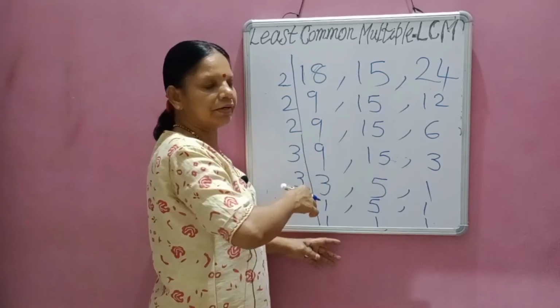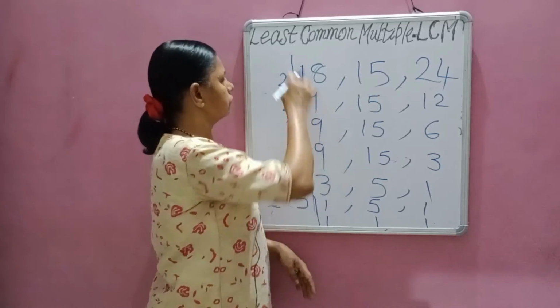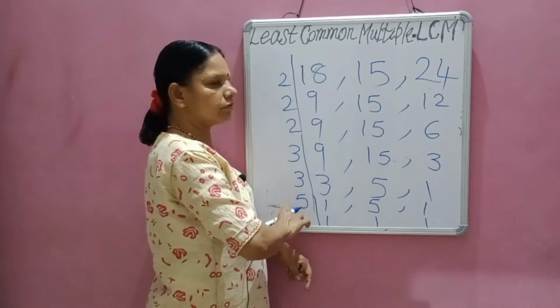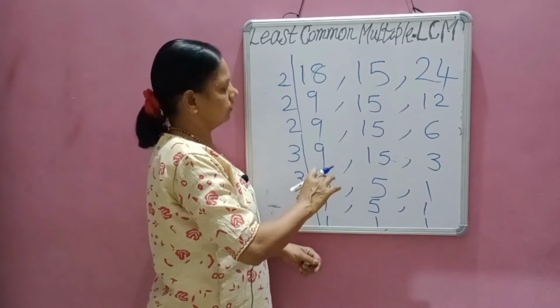You have to go on dividing by prime numbers. Which prime numbers are outside? Multiply them and you will get the LCM.